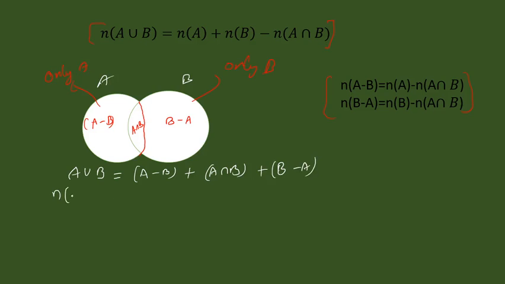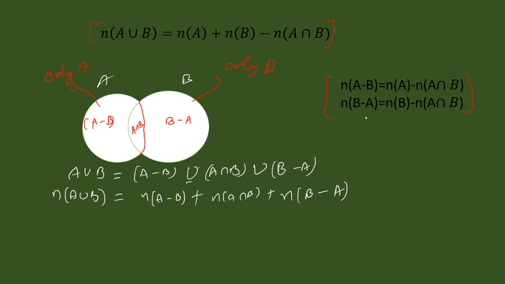Actually in set theory that plus is represented by union. Now when I go for the number of A union B, it will become n of A minus B plus n of A intersection B plus n of B minus A. These three numbers, if you add them, I am going to get the union of the two sets.